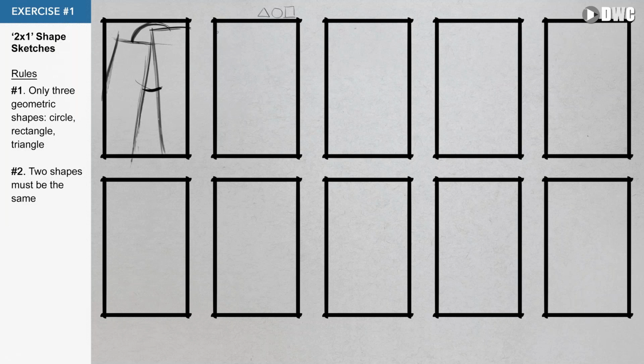Let's see if I can go even more abstract. Two rectangles and a circle. How about two circles and a rectangle?